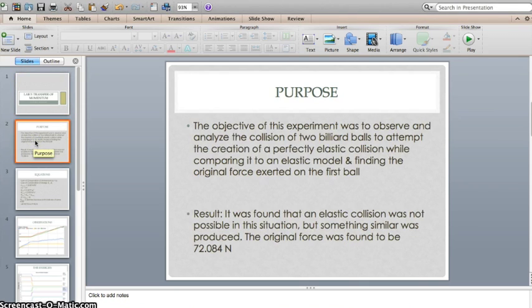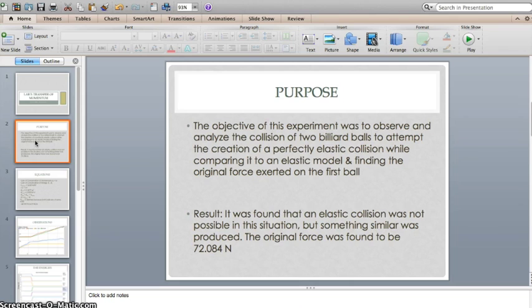So the purpose of this experiment was to observe and analyze the collision of two billiard balls to attempt the creation of a perfectly elastic collision while comparing it to an elastic model and finding the original force exerted on the first ball. My result was that an elastic collision was not possible in this situation, as it is realistically an extremely difficult situation to create.